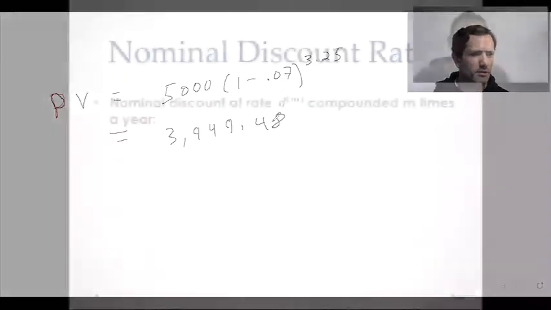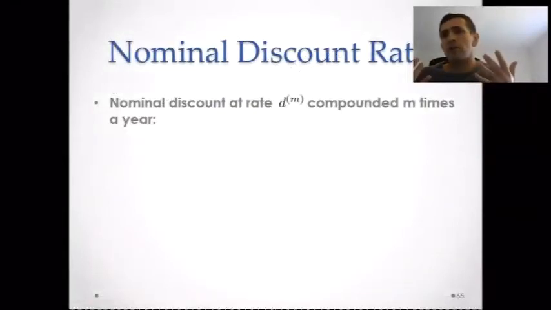The concept of a nominal discount rate is really kind of the same as the concept of a nominal interest rate. Okay? So what does it mean to have a nominal discount rate of d superscript m compounded m times a year?